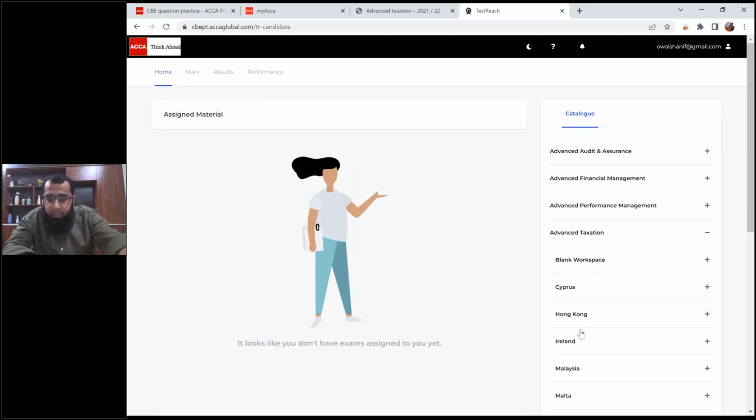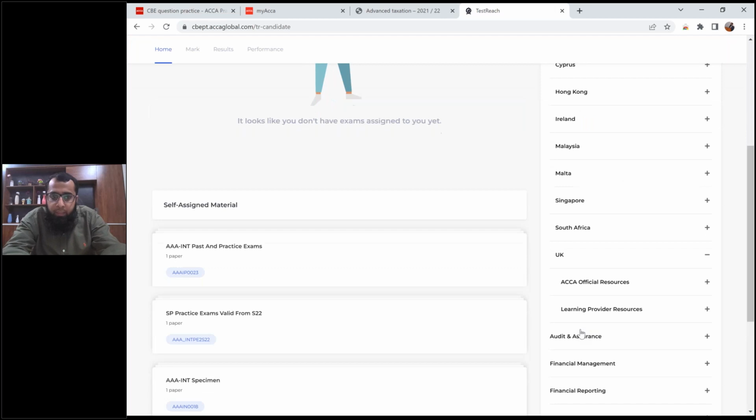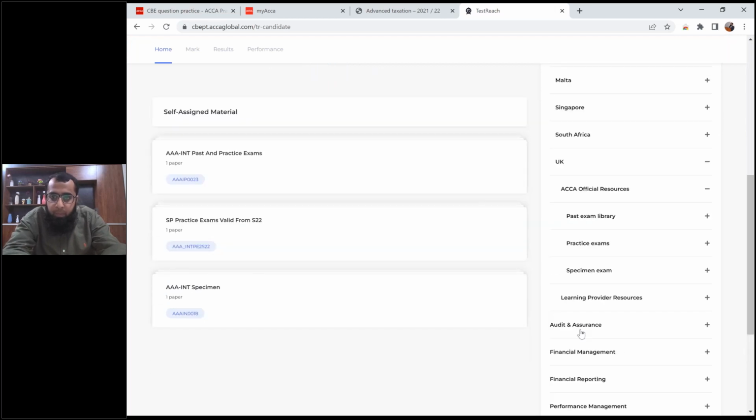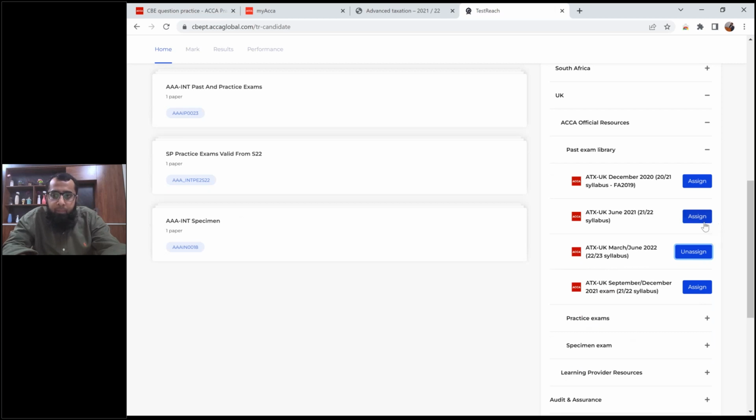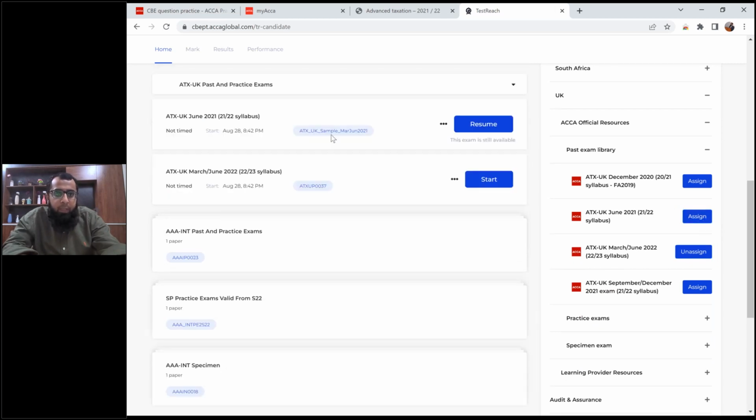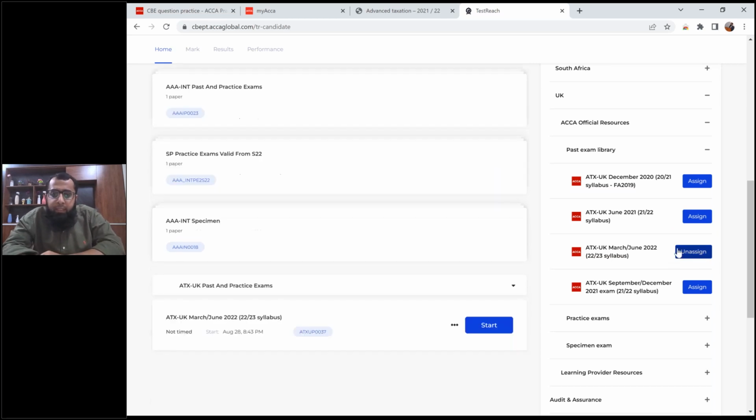Maybe some technical glitch. UK, ACCA Official Resources, Past Exam Library, assign. Okay, so when we assign on the right hand side, it starts appearing on the left hand side.